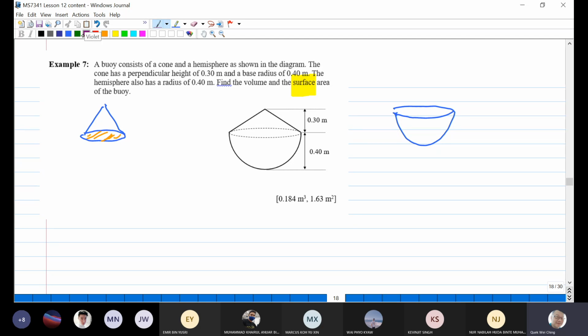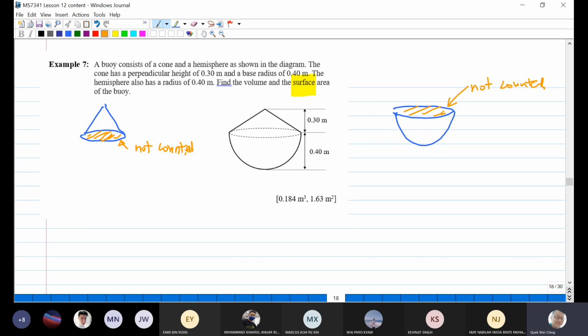This surface is not counted here, same thing as this surface. So you need not calculate the circle surface. You have to do just the external surface only.